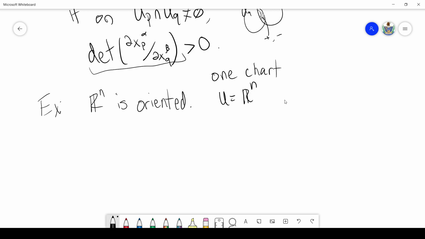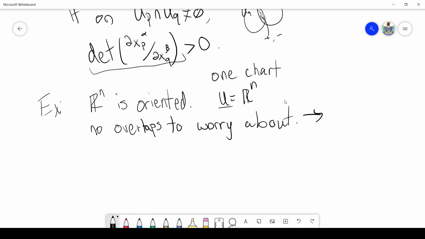So we just have one chart here, and since we have one chart, there are essentially no overlaps to worry about. So this means that it is oriented, sort of in a trivial sense.